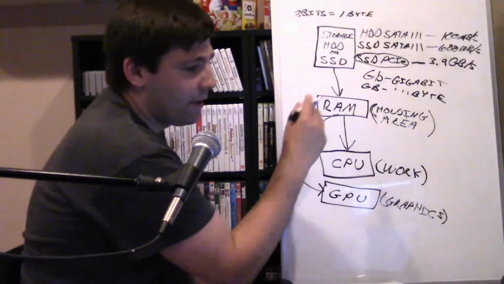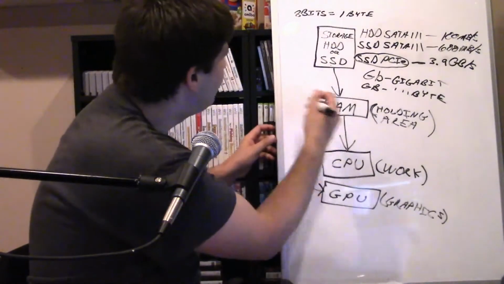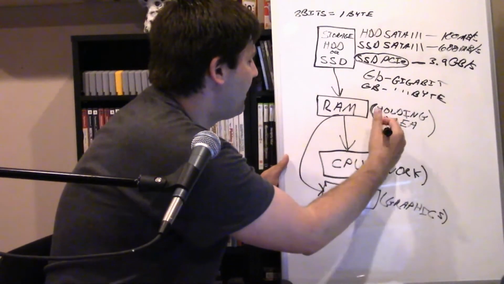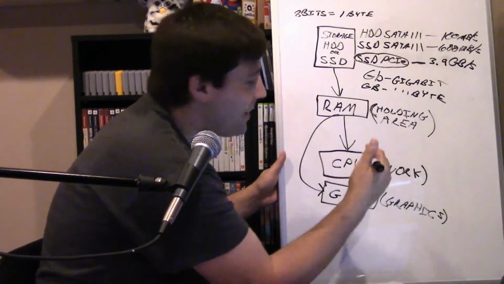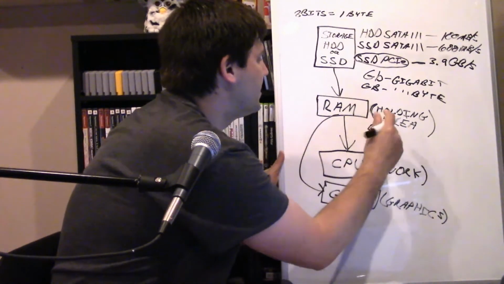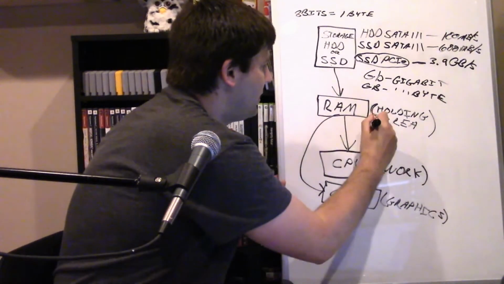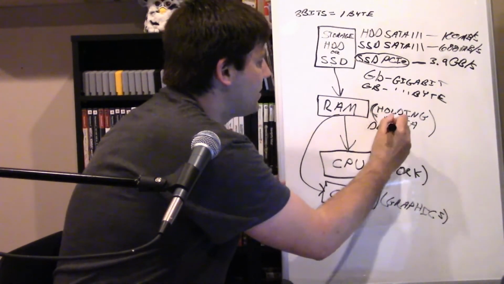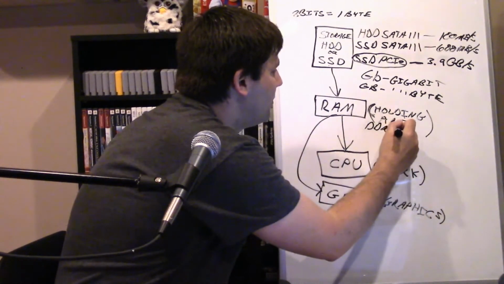Okay, so let's go to the RAM, things to consider. Now, the type of RAM we're using these days is DDR4, which stands for double data rate. Not that anyone cares.